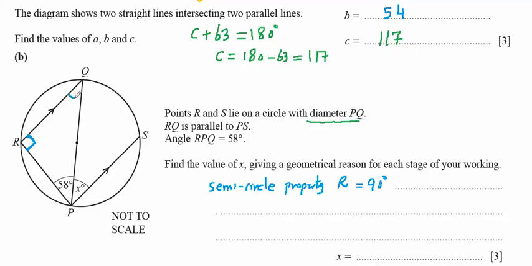So it means then easily this will be, because these add up to 180 and this is 90, these two add up to 90. So this will be 90 minus 58.